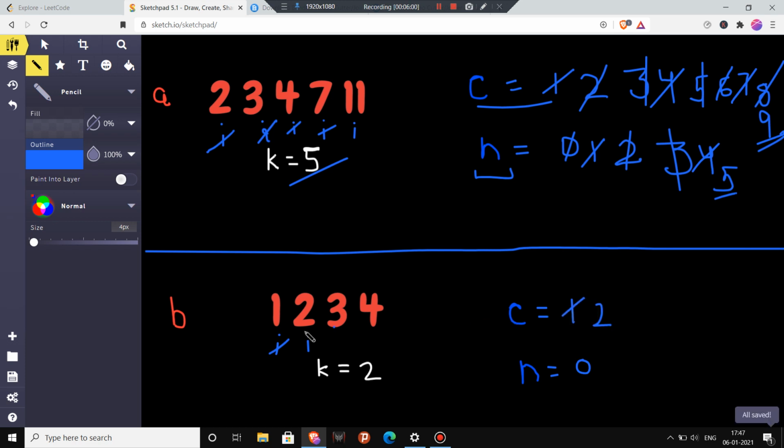Now C and B of I are both equal, and it becomes 3. Now B of I is 3, C is 3, both are equal. I will increment my I to this position and I will increment my C.